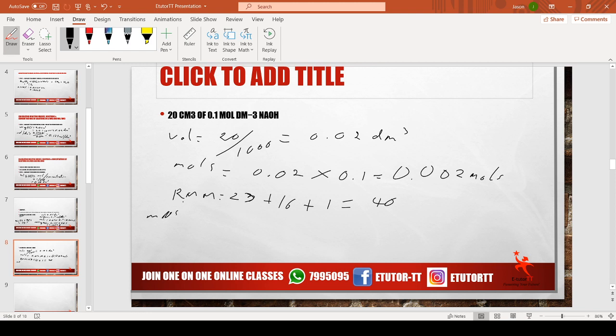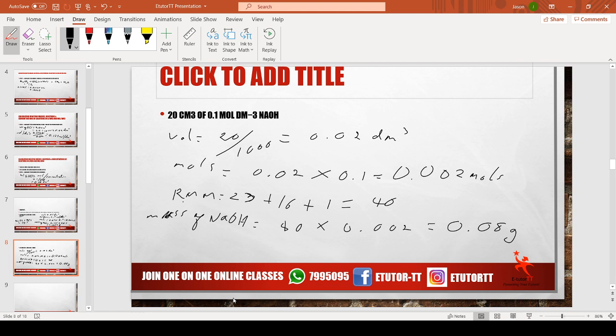So mass of NaOH equals 40 multiplied by 0.002, which gives us a total of 0.08 grams. Yeah, that's about right.